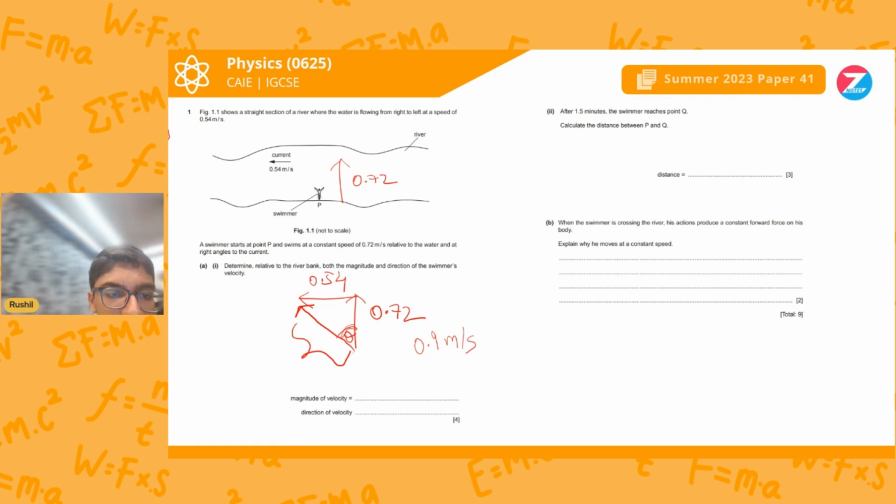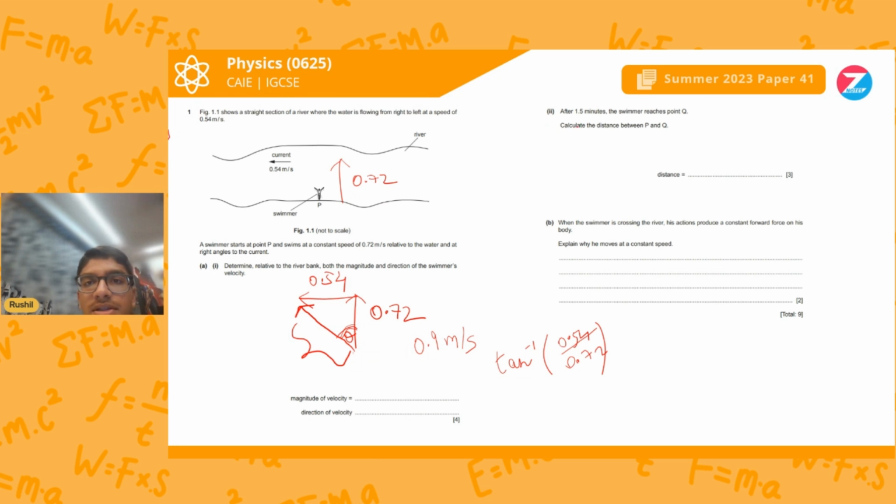There's two ways. Either when you draw the vector diagram, you measure it using a protractor, or you figure it out using your calculator. It is just tan inverse 0.54 divided by 0.72 as shown here. So you can do this two ways, either using a triangle or using a vector diagram.